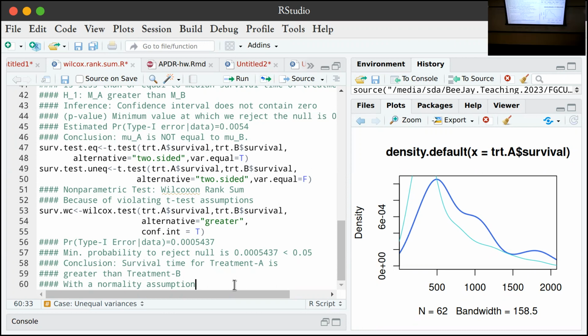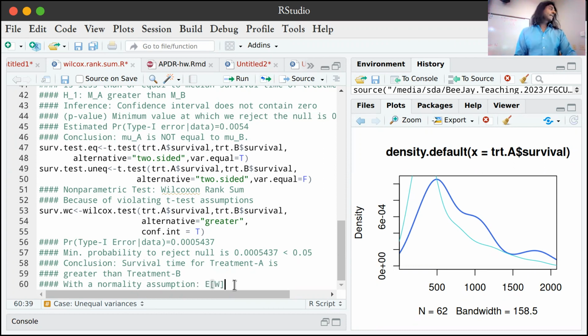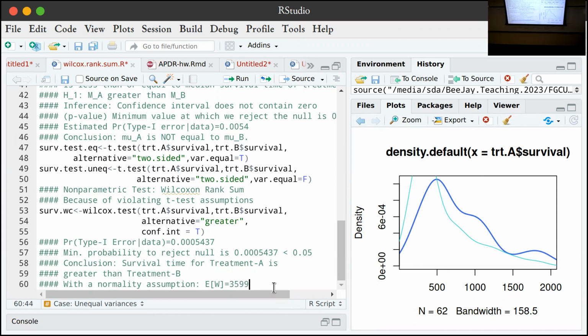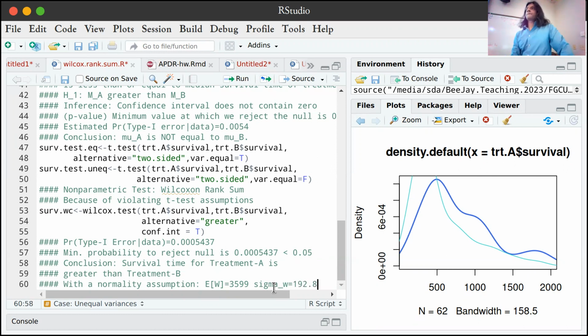So under the normality assumption, we calculated the expectation to be, or we use the expectation of 3,599. We had the formula for that. We used a standard deviation, sigma, for the test statistic, W, and that was 192.8. And we sort of came up with an interval.